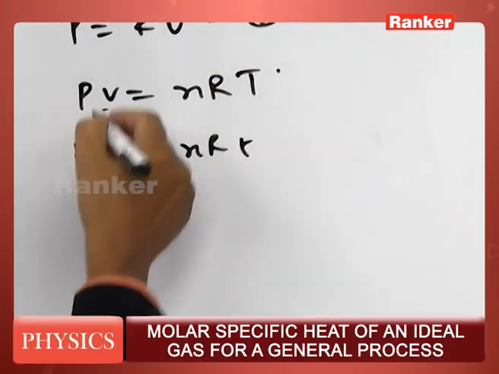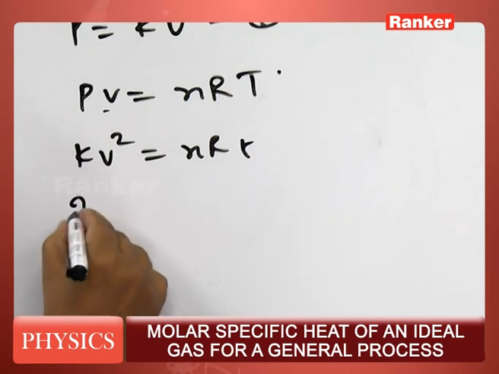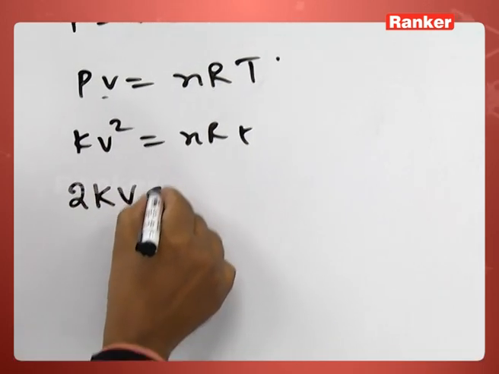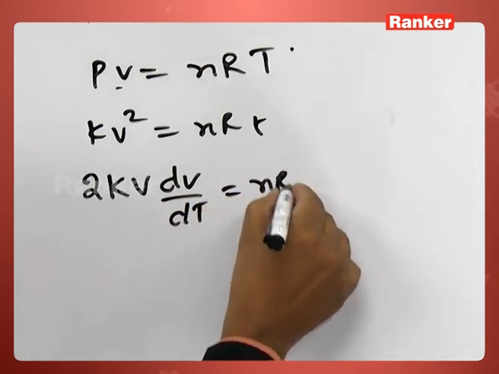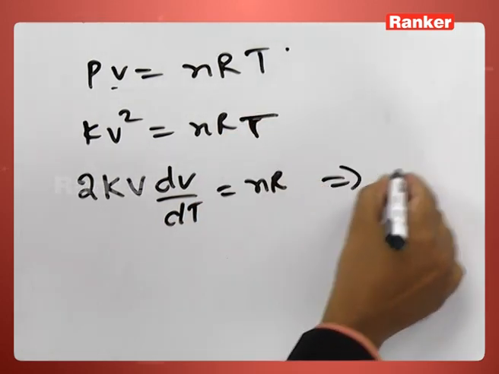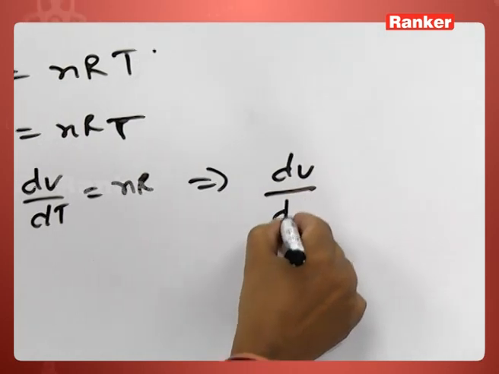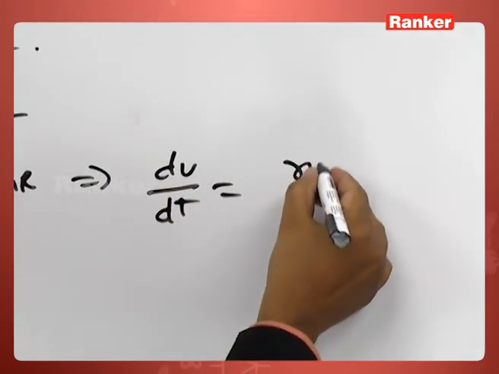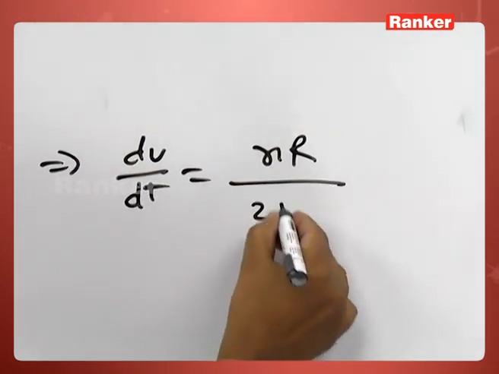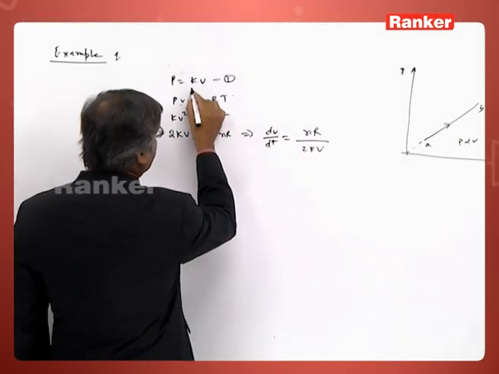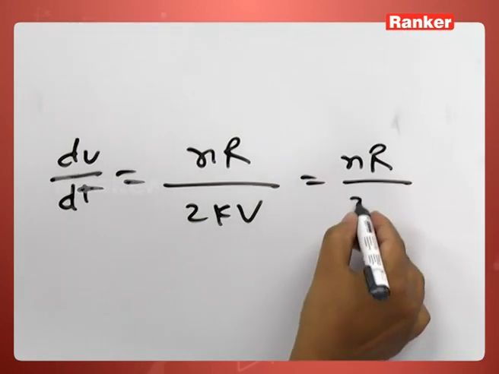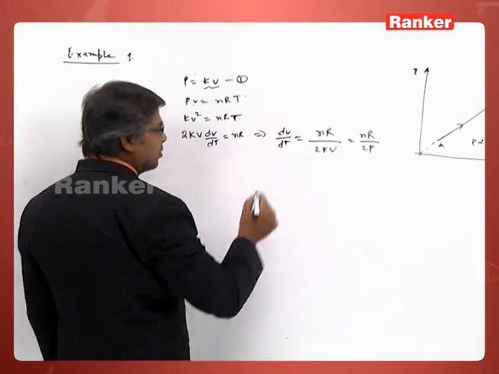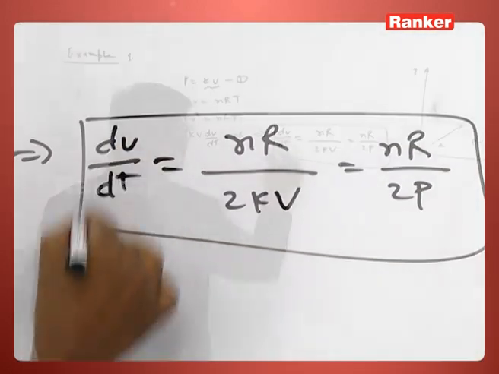Differentiating with respect to temperature, 2KV dV by dT is equal to nR. This implies dV by dT is equal to nR by 2KV. Now you see KV is equal to P, so I can write this as nR by 2P. This is my first relation.